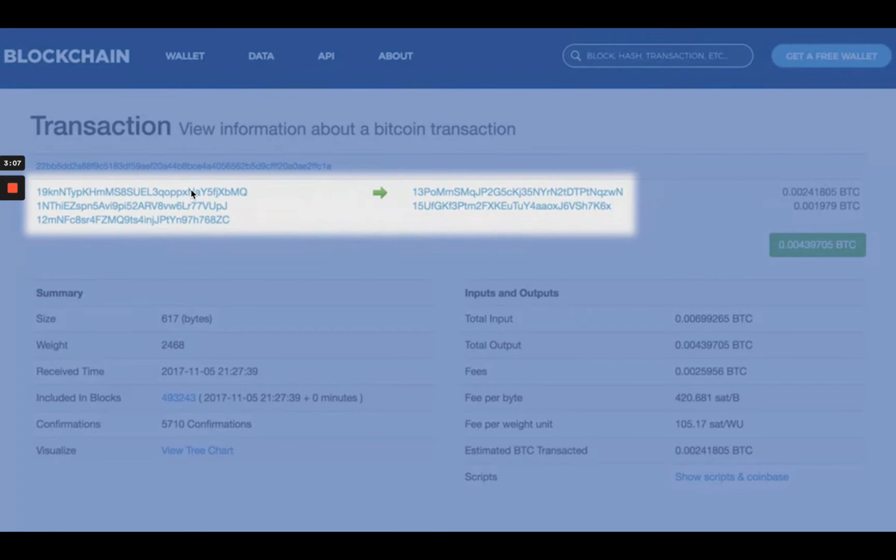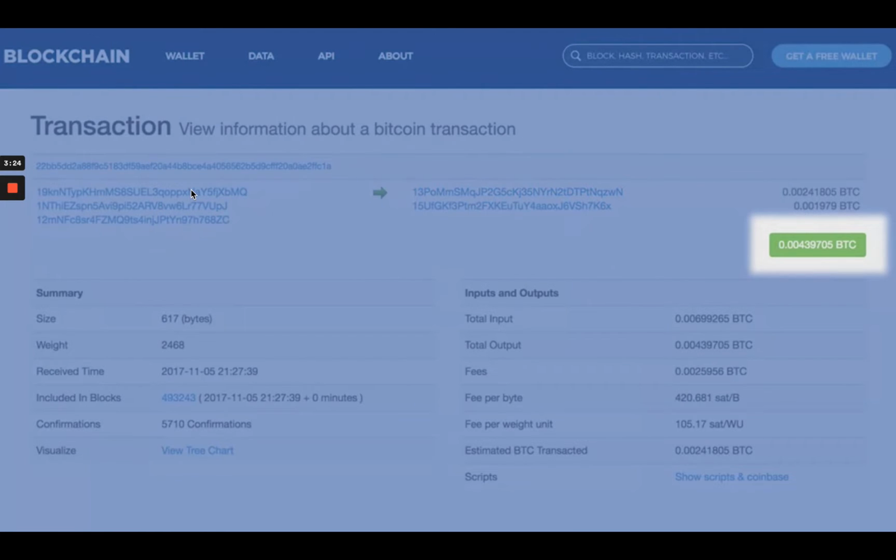Note that there are 3 input UTXOs and only 2 output UTXOs. This means that the total amount in 3 input UTXOs is spent to generate 2 new output UTXOs. Just below the output UTXOs is the total amount transferred in Bitcoin value. That is shown in green.